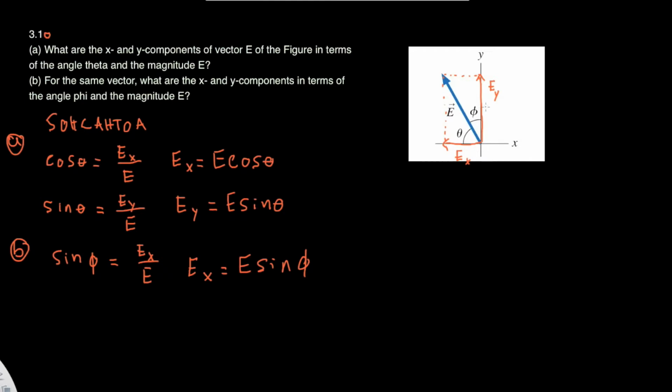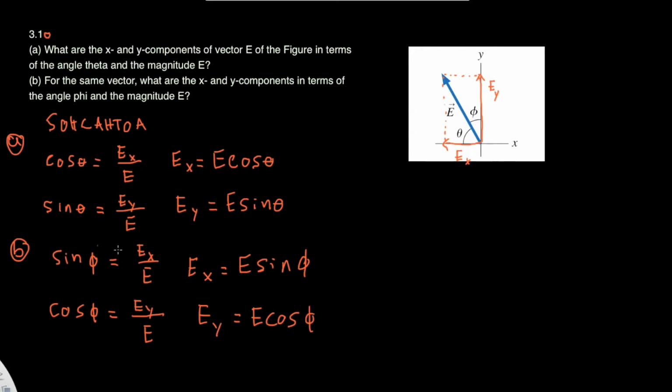Because it relates to the adjacent side. So the cosine of phi is going to be E sub y, that's our adjacent side, over the hypotenuse. And again, we just solve for E sub y. It'll be E times the cosine of phi.